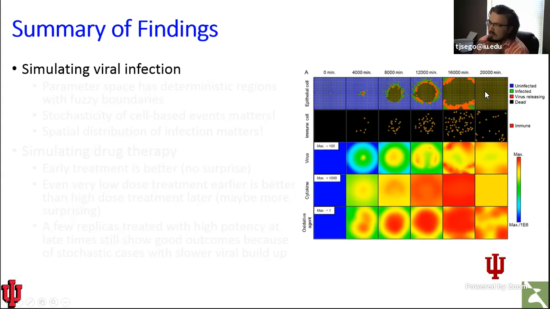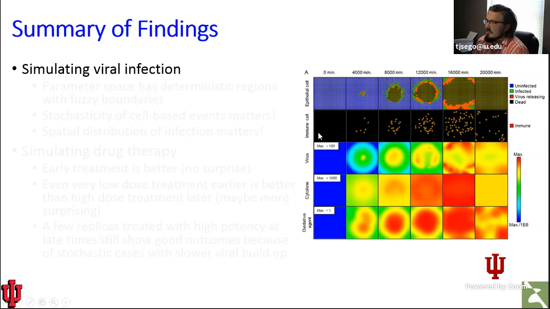Now, on top of our epithelial sheet is where we place our immune cells. So our epithelial cells are frozen in that they do lots of things, but one thing they don't do is move. Whereas on top of our epithelial sheet, we place immune cells when they're recruited into our local tissue patch. And you can see this moving from left to right in this second row.